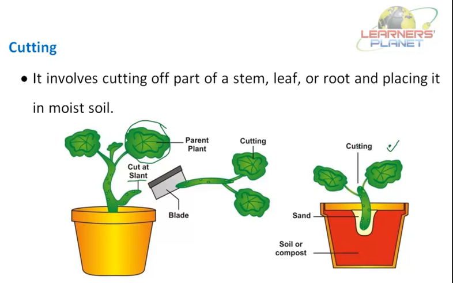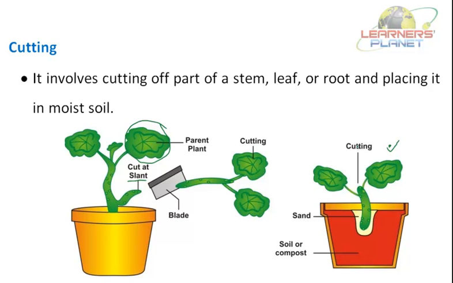Roots grow from the base of the stem into the soil while the shoot continues to grow and produce leaves. In some cases the cut end of the stem may be treated with a rooting hormone to promote root growth, and evaporation from the shoot is reduced by covering it with polythene or a glass jar.